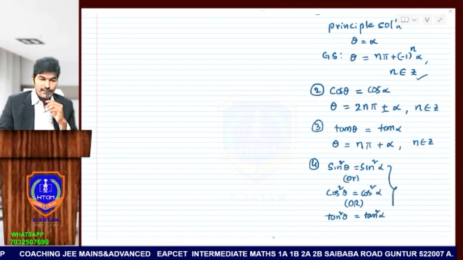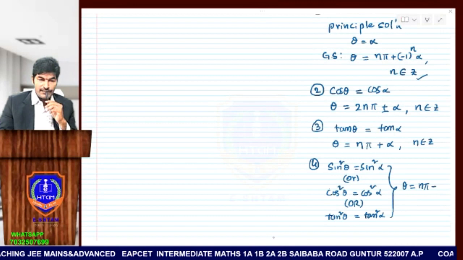All these kinds of equations have the same type of solution. If these three types of equations are given to you, then the general solution is n pi plus or minus alpha, and n belongs to Z. Understood?